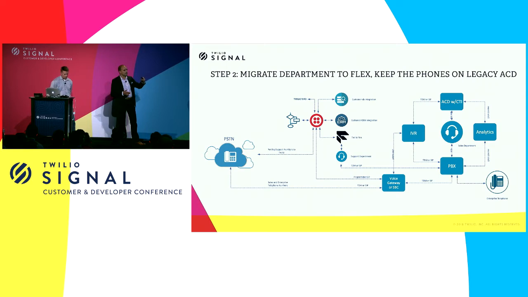The contact center agents are going to be using the fancy and new Twilio Flex desktop, but they are going to use existing enterprise phones to receive the calls and handle the customer interaction. Now, what we need to be very careful with is we still need to maintain the enterprise dial plan.